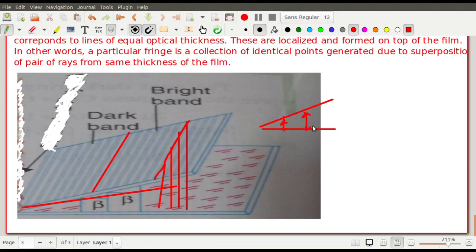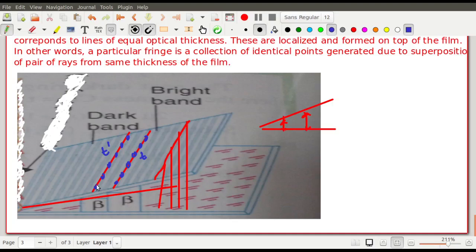You get a fringe here which is a straight line. This fringe is a straight line and all the points of this one correspond to some same thickness T, and then again this fringe, all the points of this one correspond to another thickness T dash. That is why I call a particular fringe a collection of identical points, generated due to superposition of a pair of rays from the same thickness of the film.